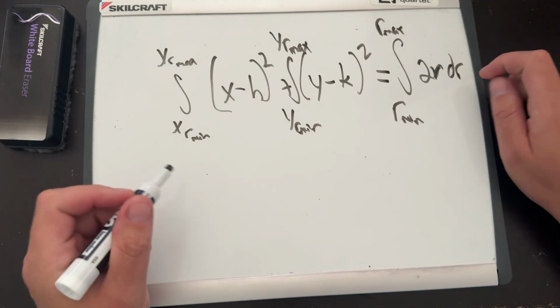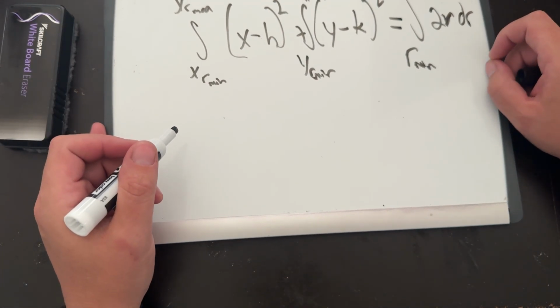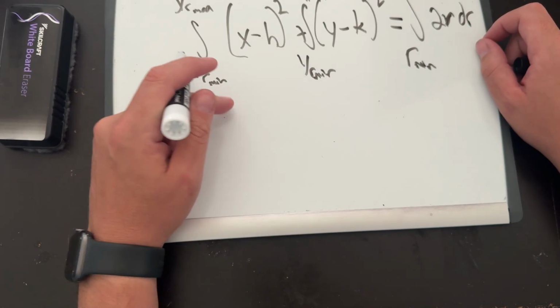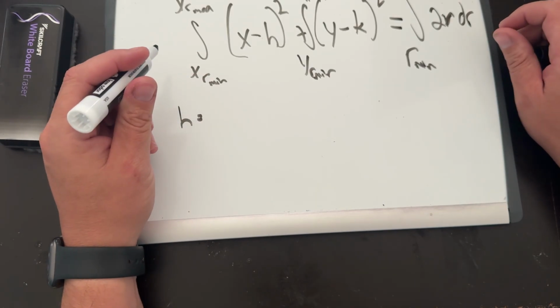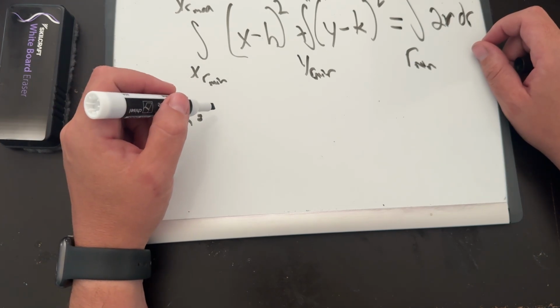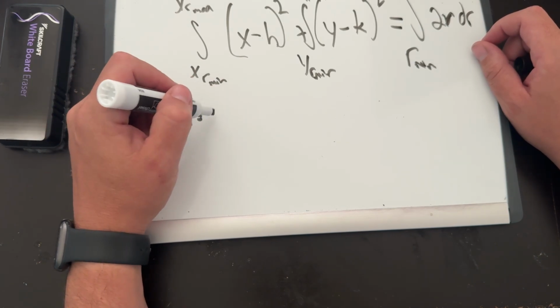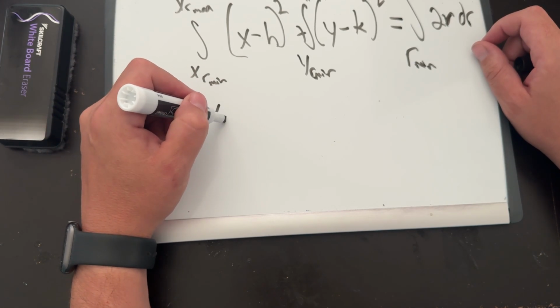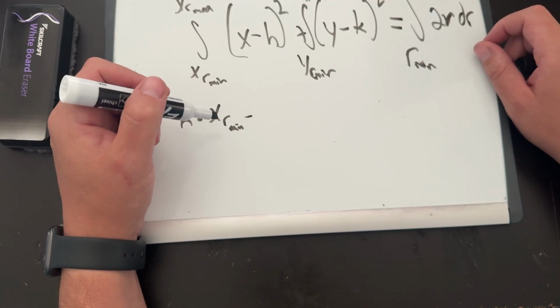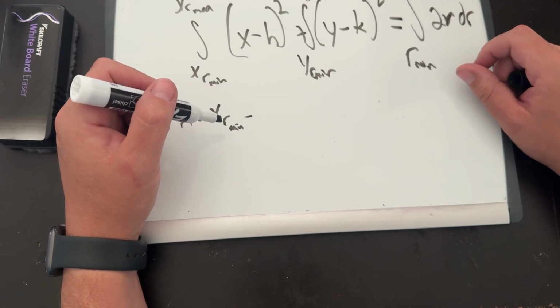So something else I came up with today was, well, h would be equal to x r min minus, actually no, what did I come up with?